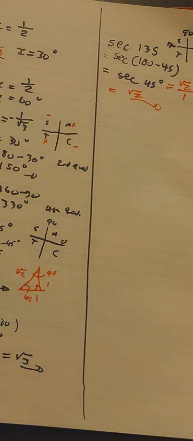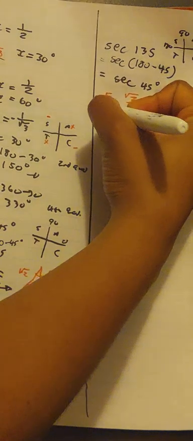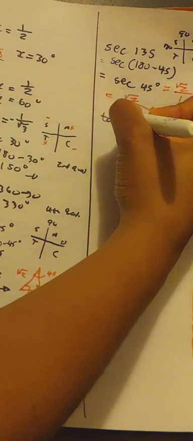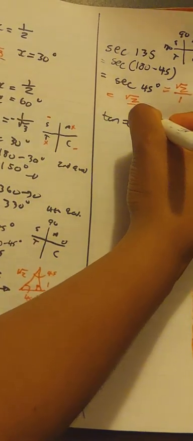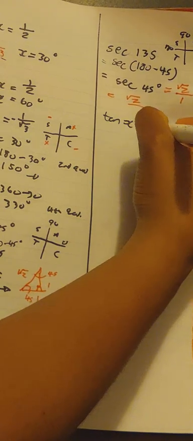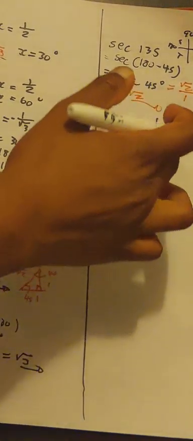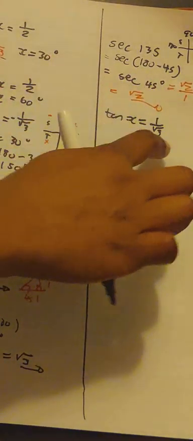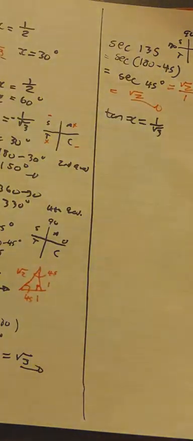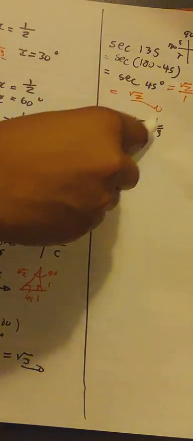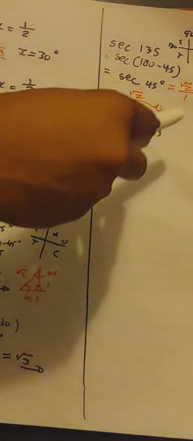Okay, guys, let's continue again. tan x is equal to 1 over square root of 3. Here they are giving us what again? Numbers. If they're giving us numbers, what is the first thing we do? First thing we do is we go to special triangles.